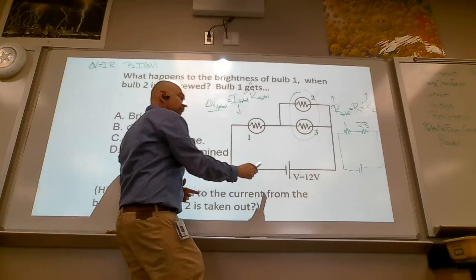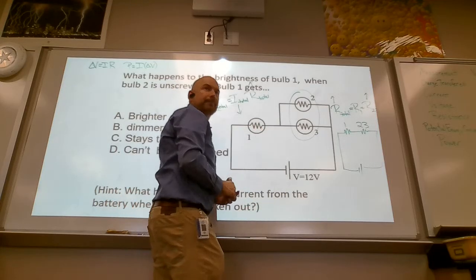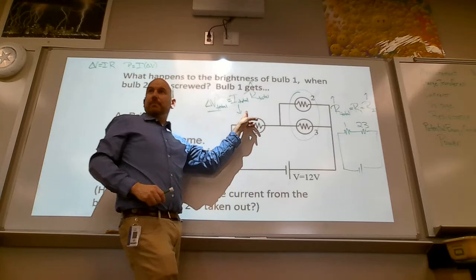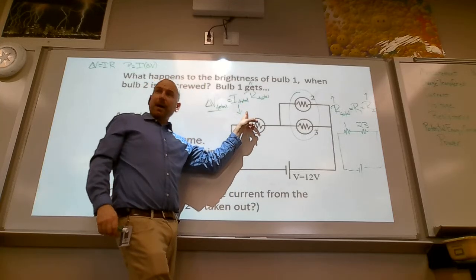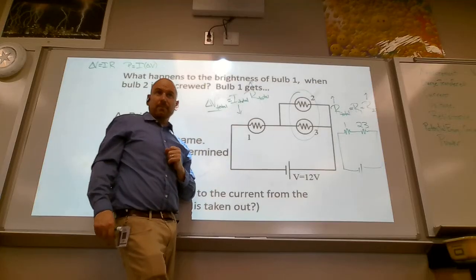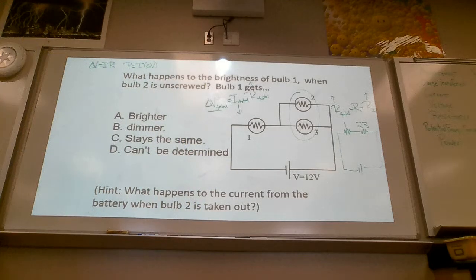Okay? All of the current coming out of the battery goes through light bulb 1, which just decreased, causing the brightness to decrease as well. It gets dimmer. How do we do?